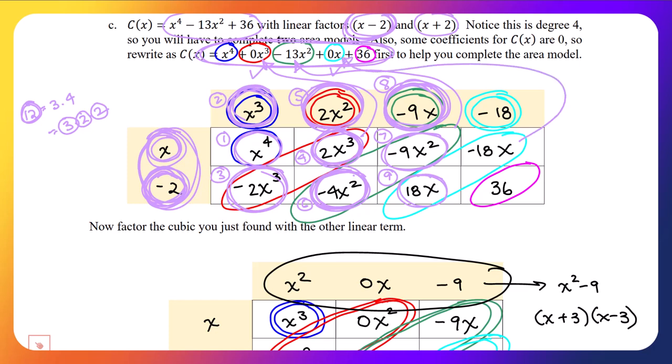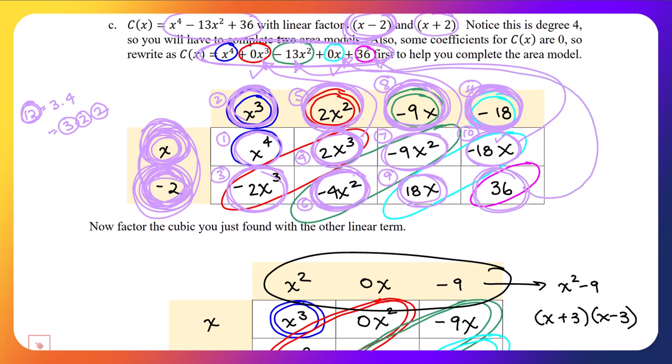Well, if I have 18x here, this has to be a negative 18x, the 10th thing I fill in. To make this negative 18x, with this x here, I need a negative 18 here, the 11th thing I fill in. And again, surprise, surprise, surprise, negative 18 times the negative 2 gives us our 36, which is the last term.